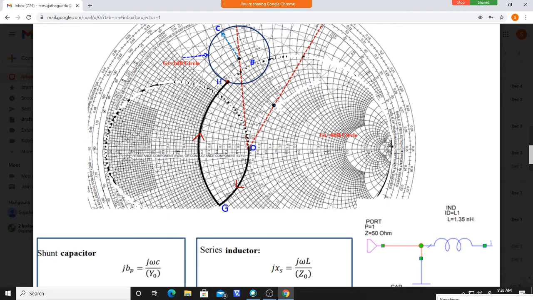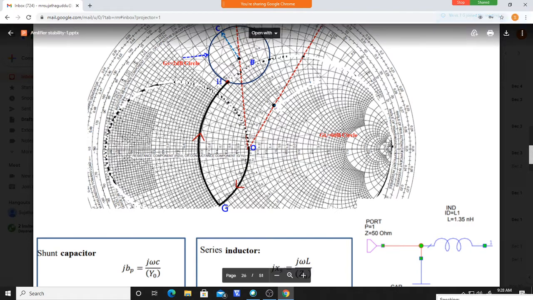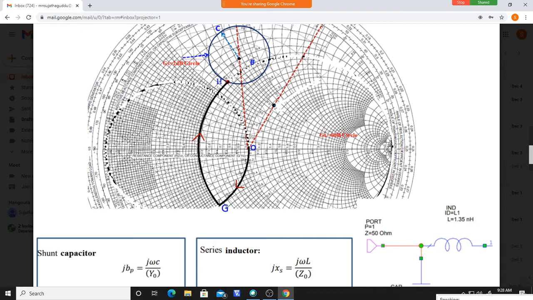Earlier we were moving on some constant conductance or resistance circle to reach the r equal to 1 or g equal to 1 circle. Then from there we moved over the constant r equal to 1 or g equal to 1 circle to reach the center, as in the earlier TLW. But here you should start from 50 ohm and move.